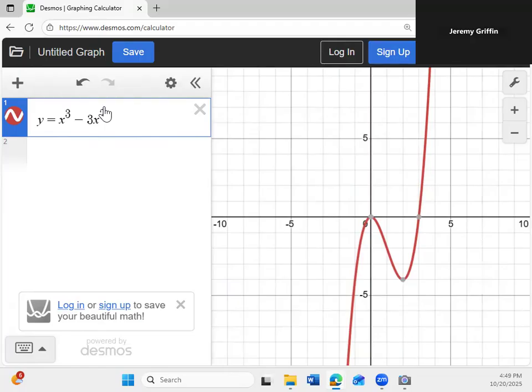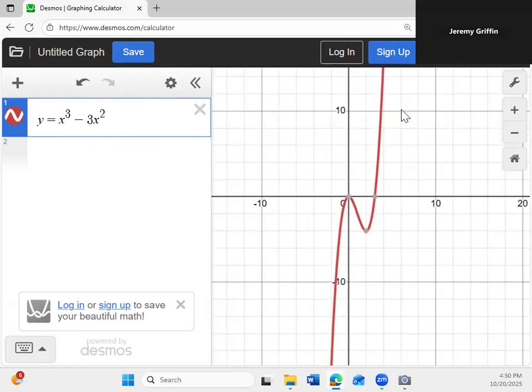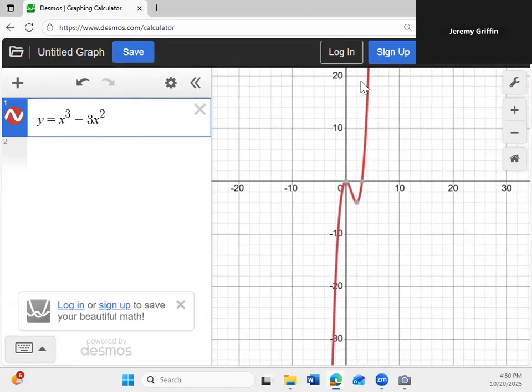What is 4 to the power of 3 minus 3 times 4 squared? My calculator is saying 16 units. What was the unit there? It was in millions of dollars, right? So at the end of year 4, his business would be worth $16 million. Ooh, right. And it's just going up from there.